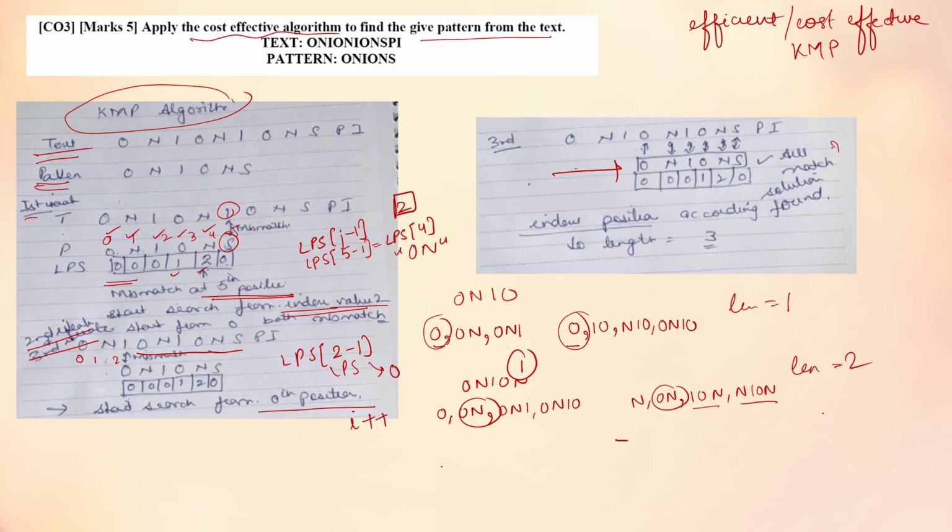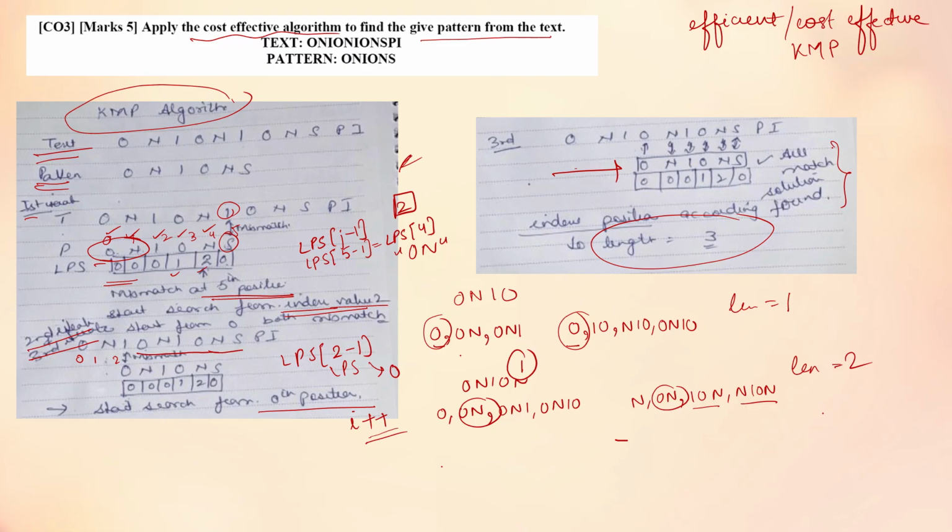In the fourth letter, you find all are matching, and your index positions also, so your length is basically 3. Like you have seen, we started moving here. Like when we found ON, we moved by a step of 2. This is our value. Then here also we moved by one position.